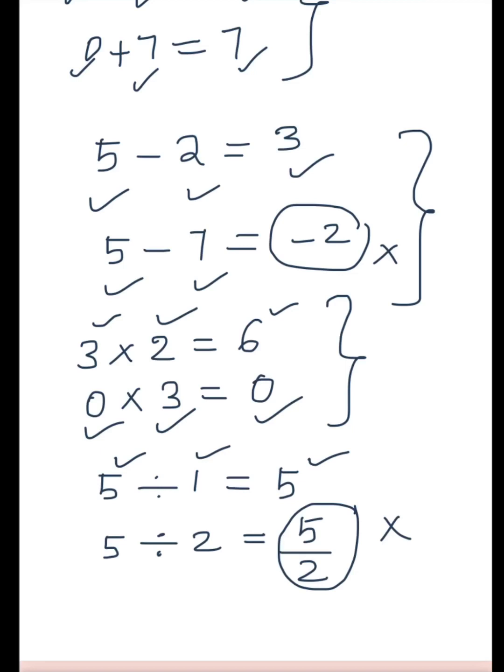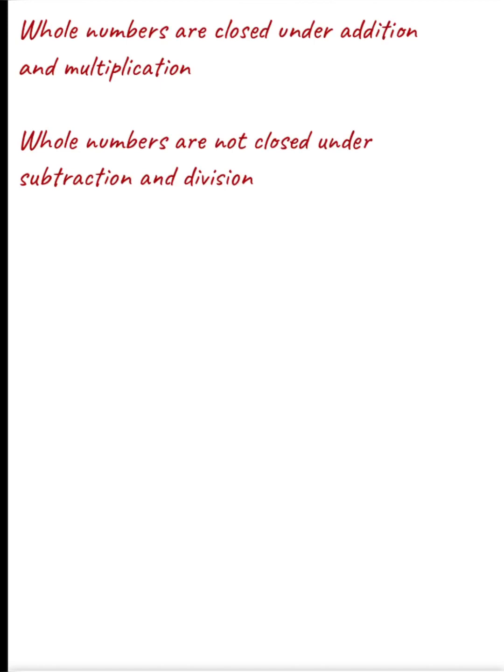But in the case of subtraction and division, the result will not be a whole number. In conclusion, you can say that whole numbers are closed under addition and multiplication, but not closed under division and subtraction. This is the result you are getting from this.